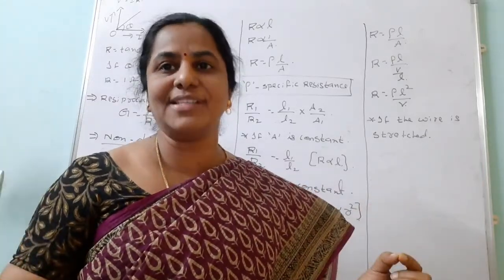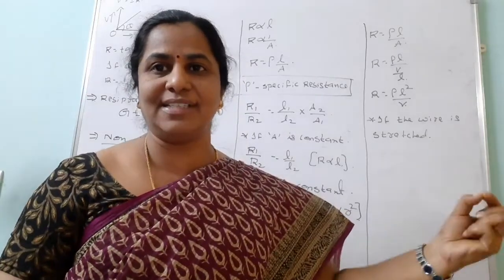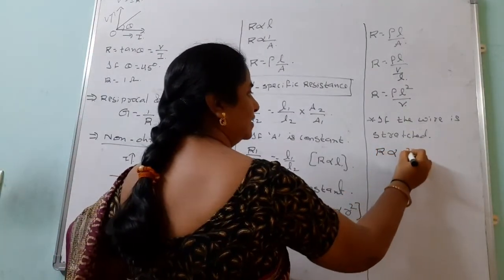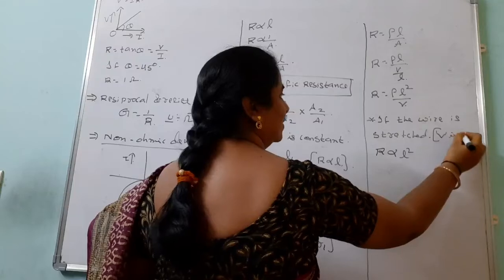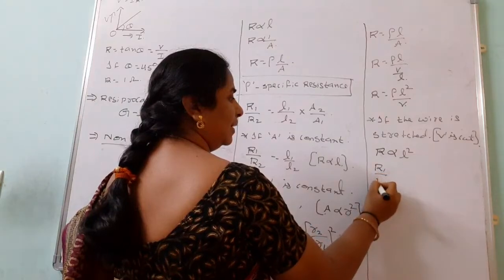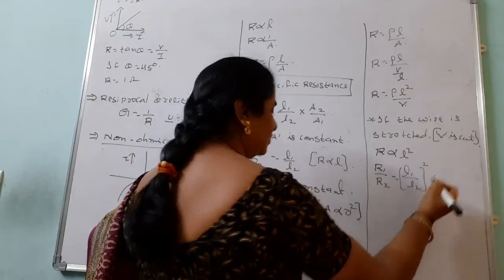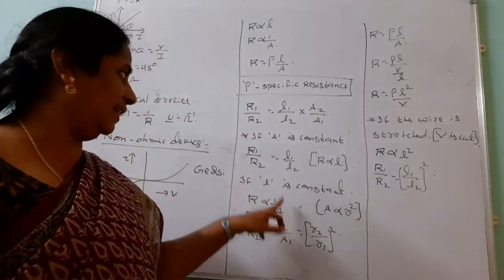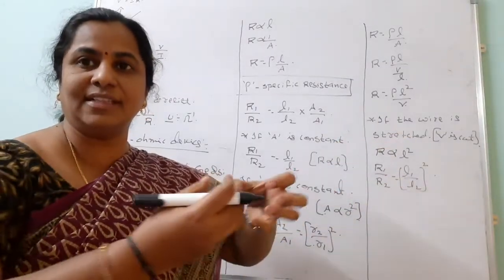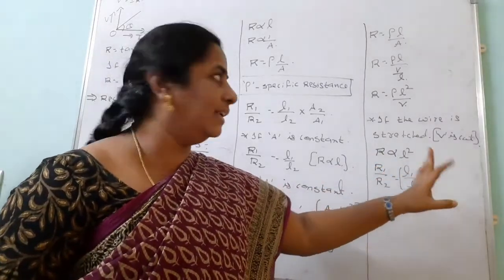In this case, volume is constant. Volume is constant means immediately you can give the relation between resistance and length: R is directly proportional to L square, because here V is constant. V is not potential here, V is the volume. So we can write R1 by R2 equals L1 by L2 whole square. Don't confuse. When area is constant, resistance is directly proportional to length. When volume is constant, like when the wire is stretched, resistance is directly proportional to length square.